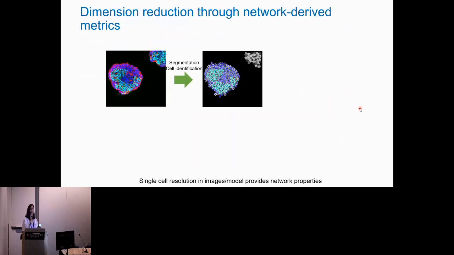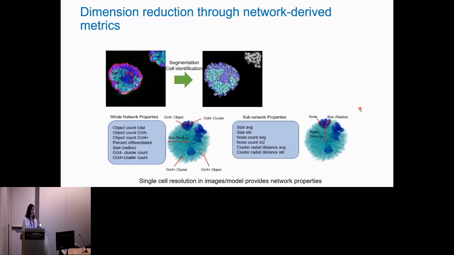The way we handle that is through a segmentation algorithm where we identify positional information within our microscopy images. We use those to create a graph network that allows us to count the number of cells within a particular object or cluster, either the positive or negative phenotype.